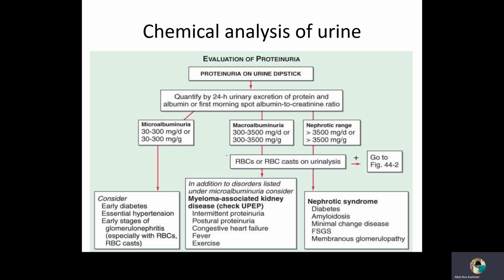In addition to the disorders listed under microalbuminuria, consider myeloma-associated kidney disease, check UPEP. There is also intermittent proteinuria or postural proteinuria. Congestive heart failure or fever and exercise can lead to this condition.